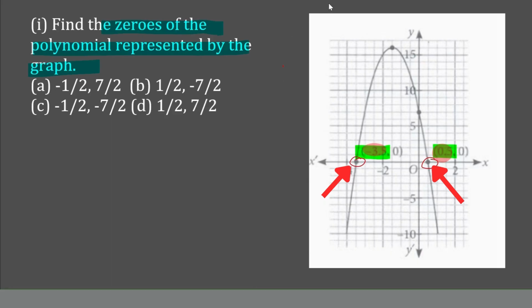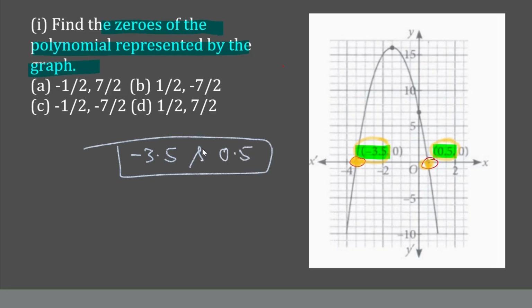As you can see, the graph intersects the x-axis at this point and at this point, and their x coordinates are minus 3.5 and positive 0.5. So minus 3.5 and 0.5 are the zeros of the polynomial. But then we have to write them as fractions: negative 7 over 2 and the other one is half. So yes, B is the correct option in this case.